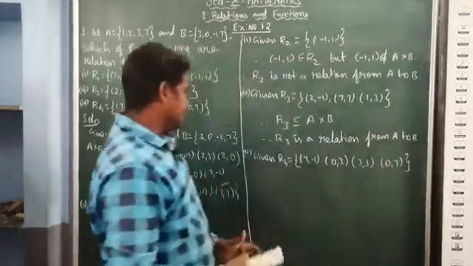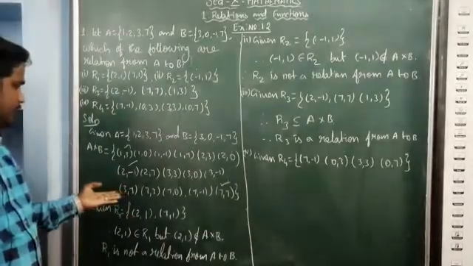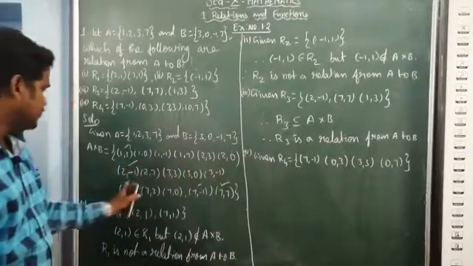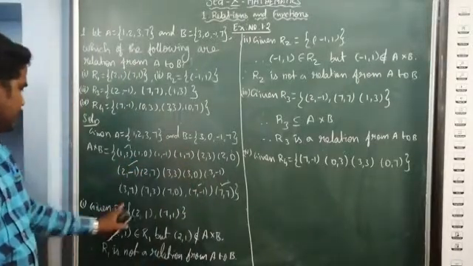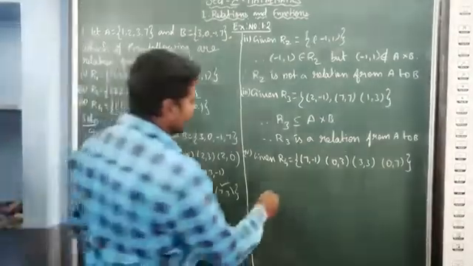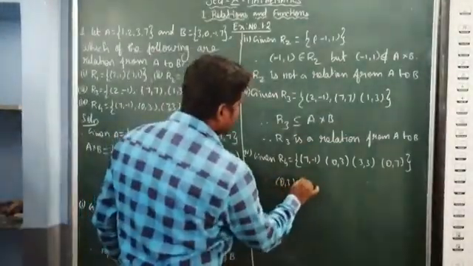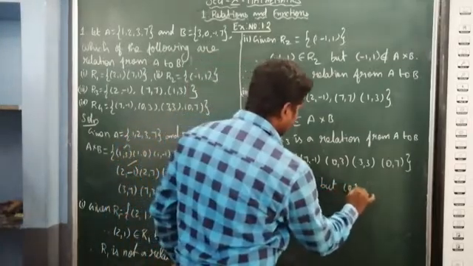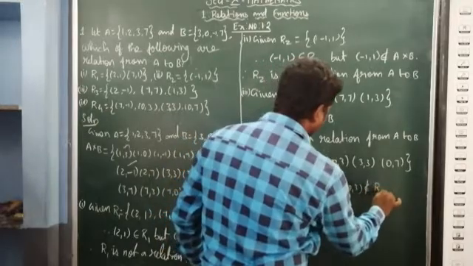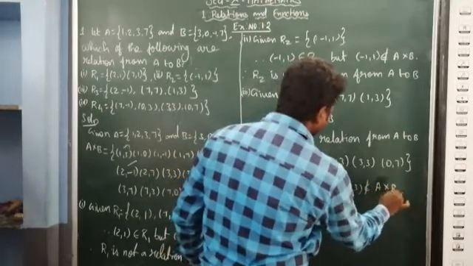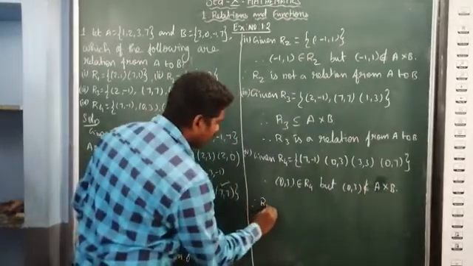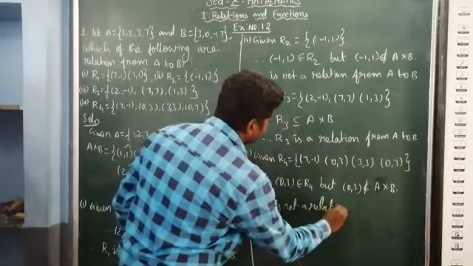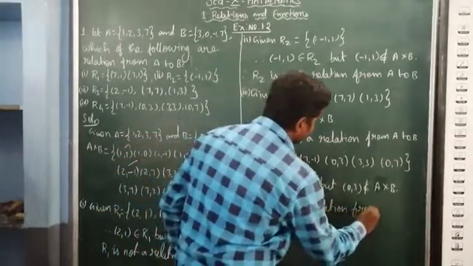Here you want to check whether (7,-1) is in A cross B. (7,-1) is there. Next (0,3): is (0,3) there? (3,0) is there, but (0,3) is not. Therefore (0,3) belongs to R4 but (0,3) does not belong to A cross B, therefore R4 is not a relation from A to B.